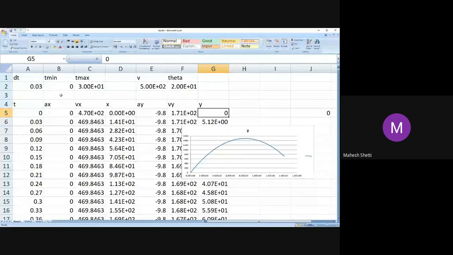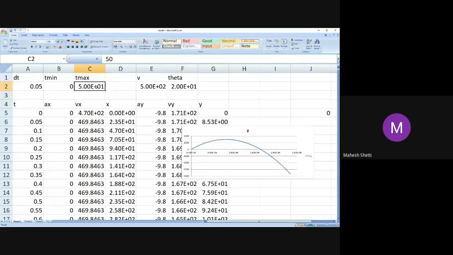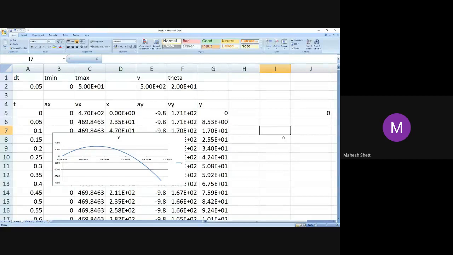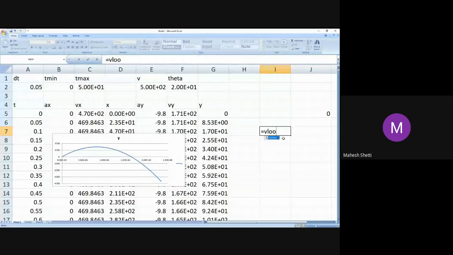If Vy is going to become negative, we can determine where it is becoming negative. We can use that VLOOKUP formula. Let me just do that here. I'm going to use T max as 50, and I want to find out at what time exactly it is becoming negative. So I am getting some value over here, but if I had not plotted, I would use this formula VLOOKUP. The syntax is: I want to look up the value.